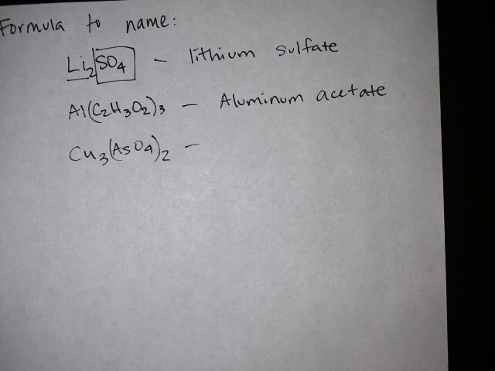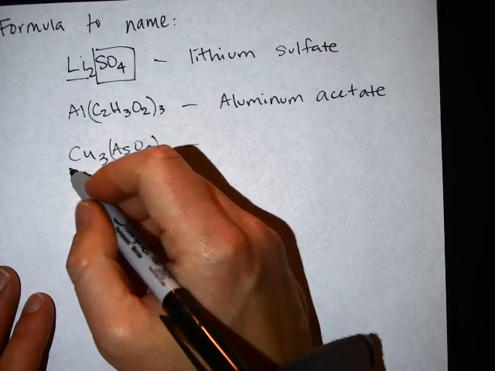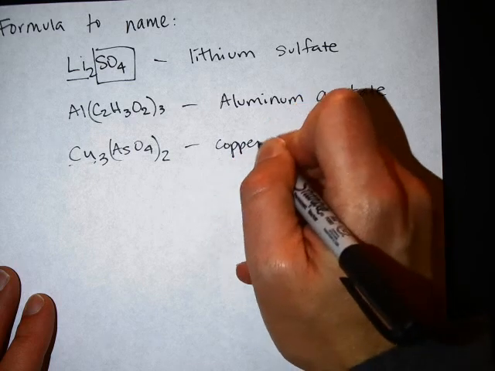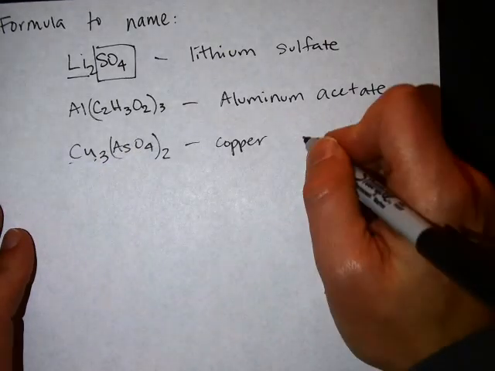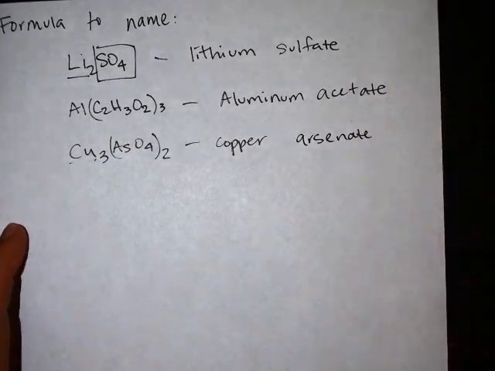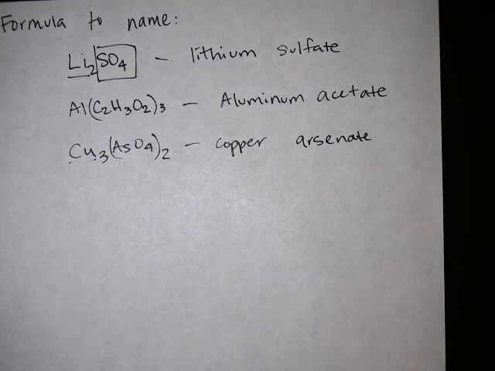Okay, so first metal is copper. And this, AsO4, is called arsenate. Okay, and call that a moral victory if you got that far, okay?